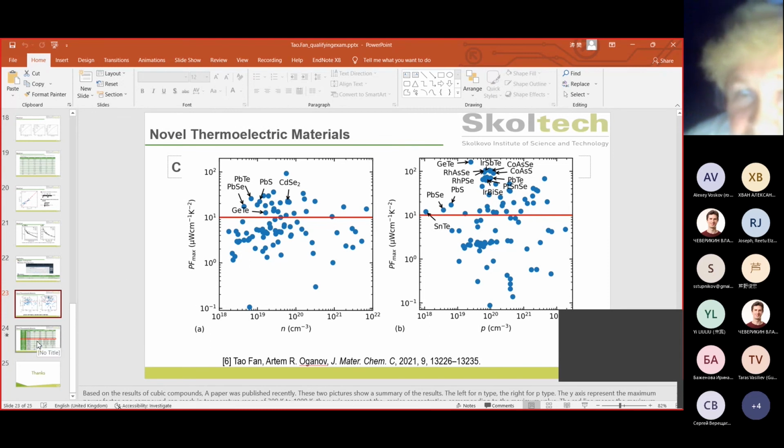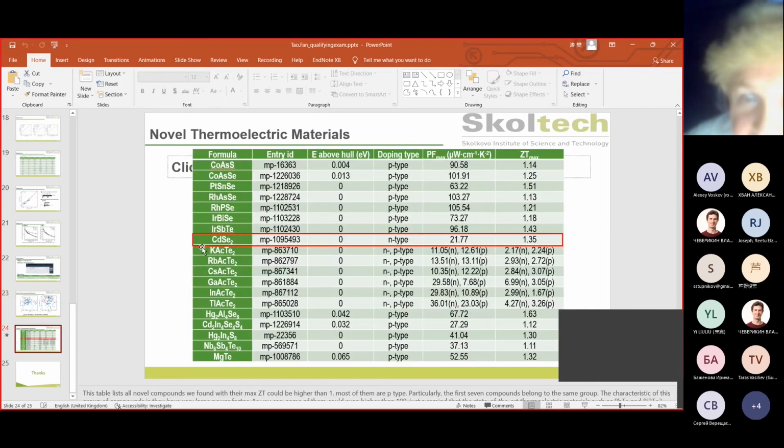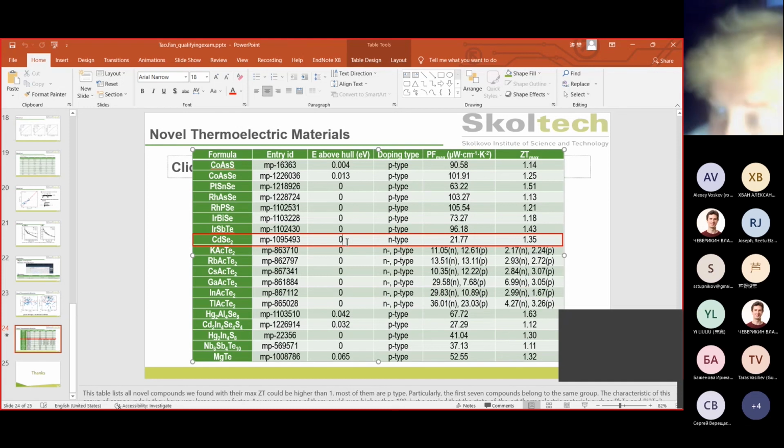What about the compound cadmium selenium 2? I think this is the structure from the Materials Project. As I remember, I showed here from the Materials Project that its energy above hull is 0, which means this compound is stable, but it doesn't mean it's common in nature.